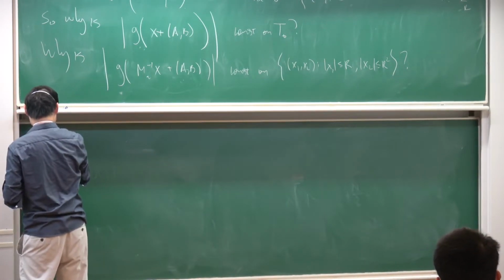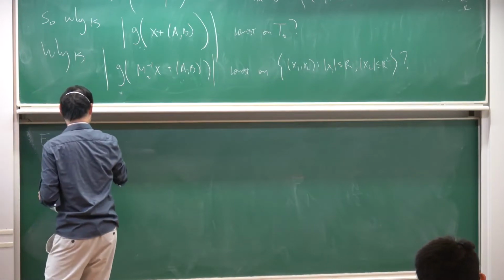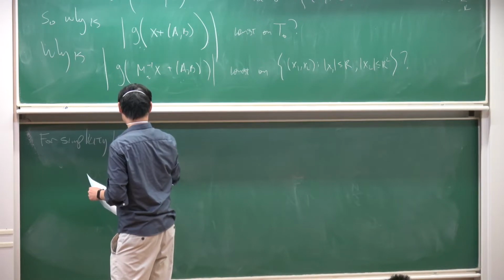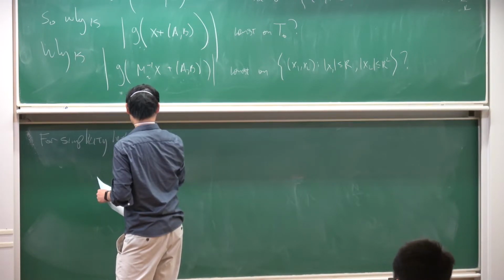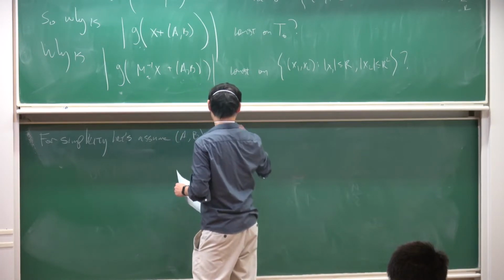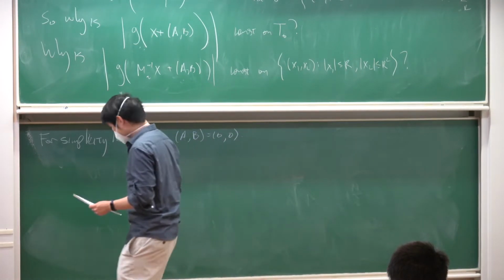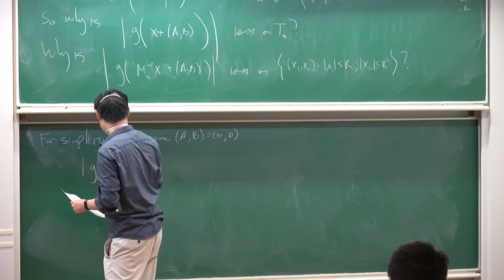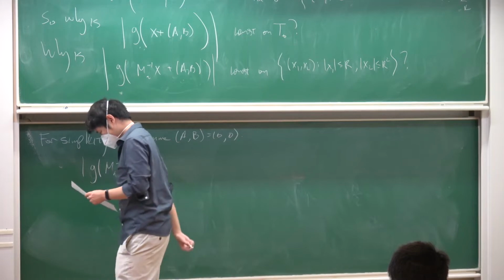For simplicity, let's assume AB is 0. Okay. So then we just need to ask, what is G of MA inverse of X?